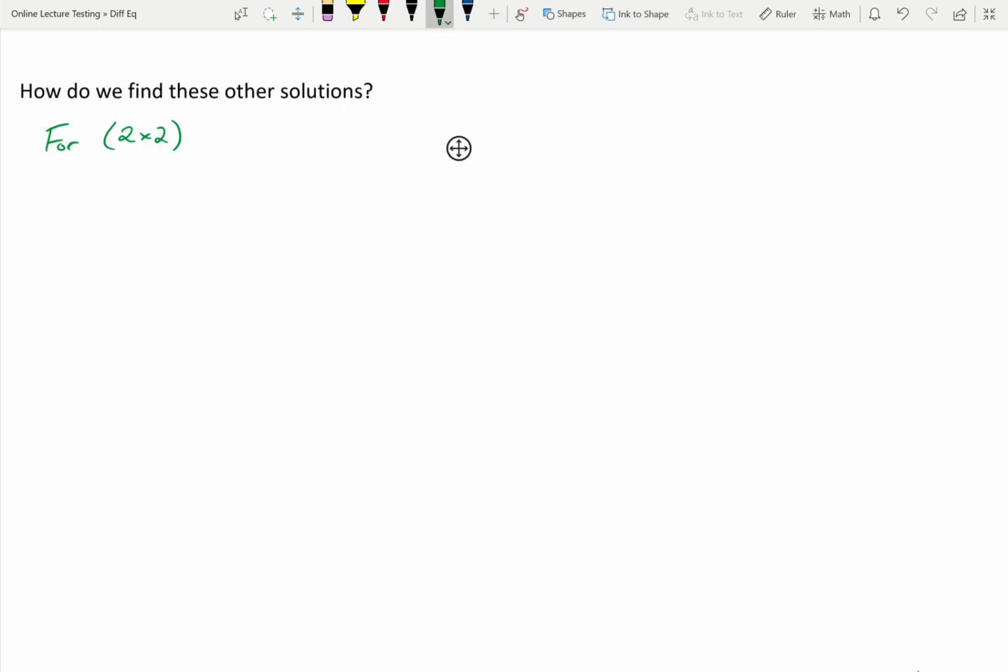All right. So for a 2 by 2 matrix, if y1 is equal to e to the alpha t x1 is a solution, we look for a second solution.